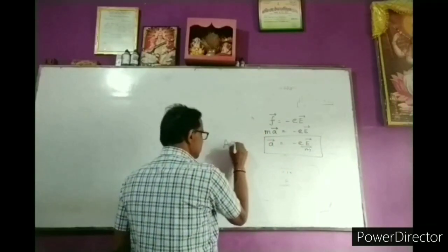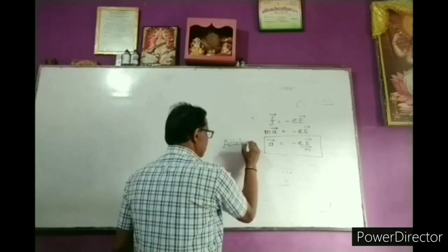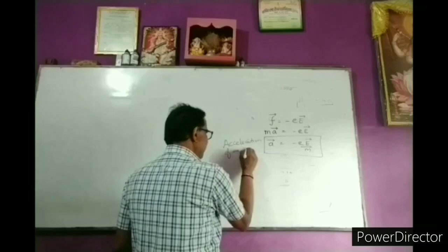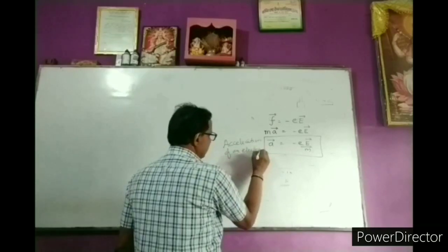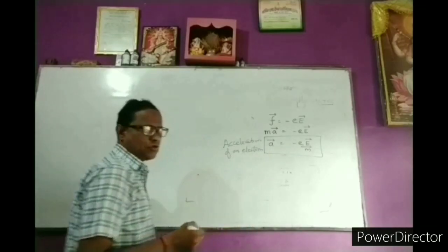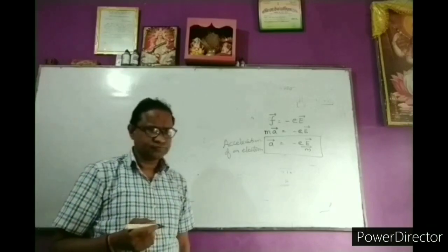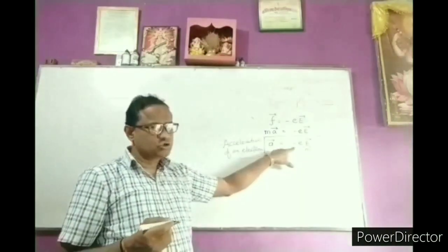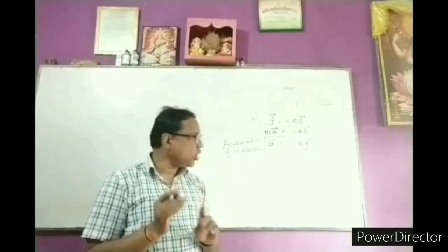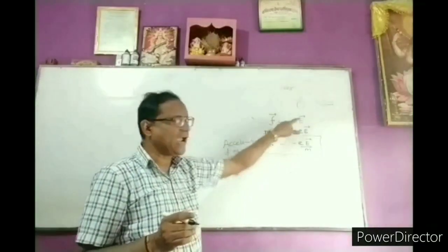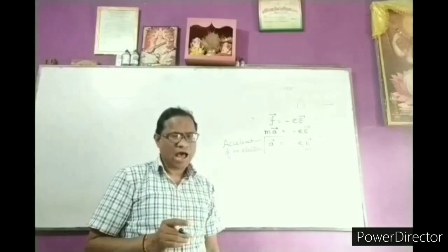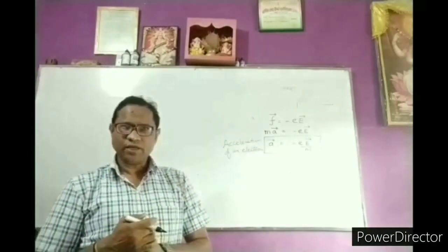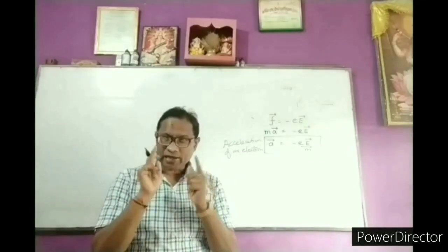It is the acceleration of an electron. The negative sign shows that the direction of F and E are opposite to each other. Clear?